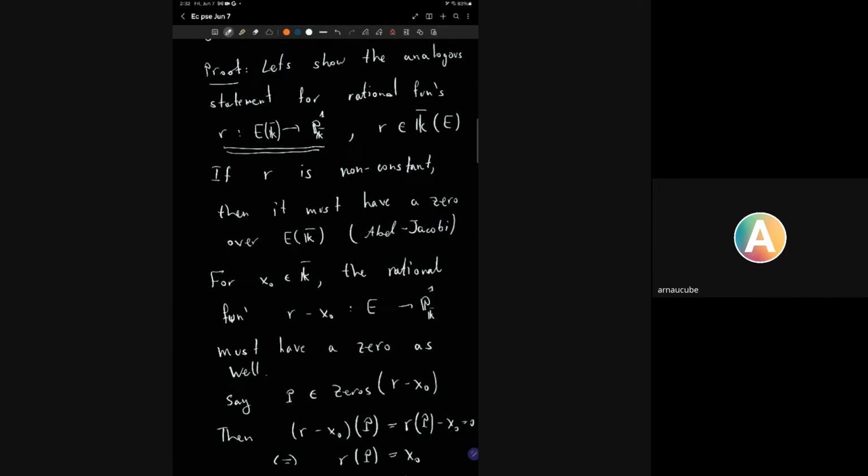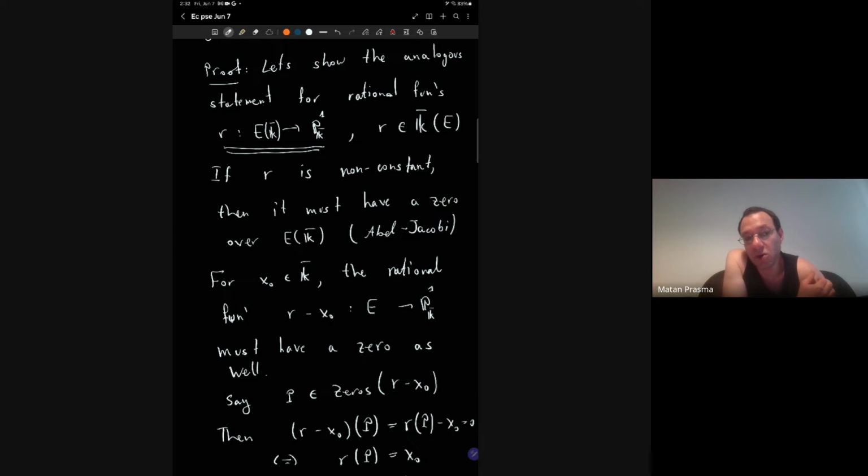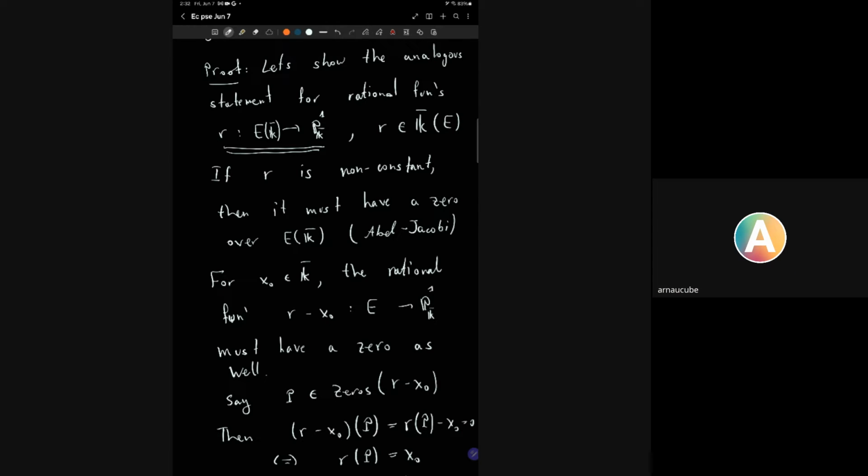I think I'm not seeing this part. Okay, so I'm saying if it's not constant, it must have a 0. This is basically the content of Abel-Jacobi. The number of zeros with multiplicity has to be equal to the number of poles with multiplicity.